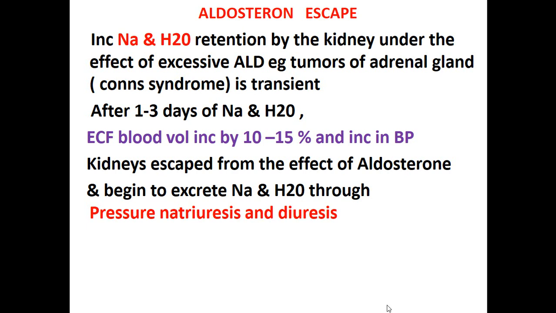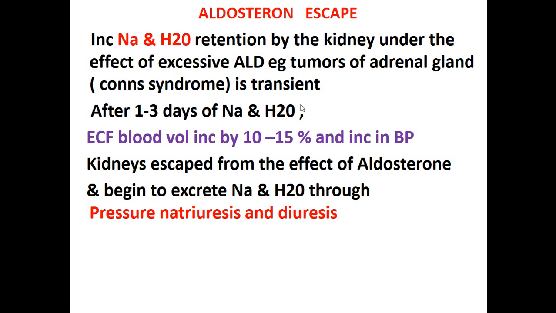When the extracellular blood volume increases by 10 to 15%, it will increase the blood pressure. And when the blood pressure is more, it is going to affect your kidneys, and the kidney begins to excrete the excessive sodium retained by the aldosterone, and the water, through pressure natriuresis and diuresis.